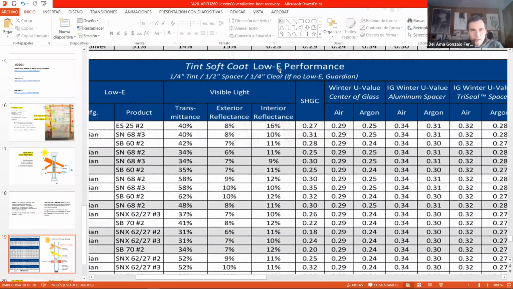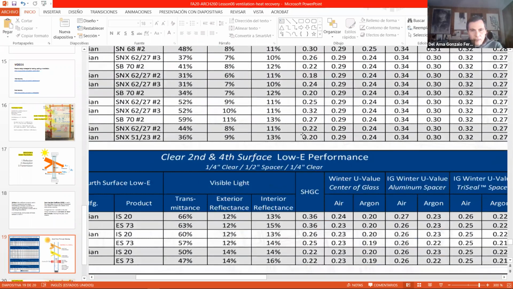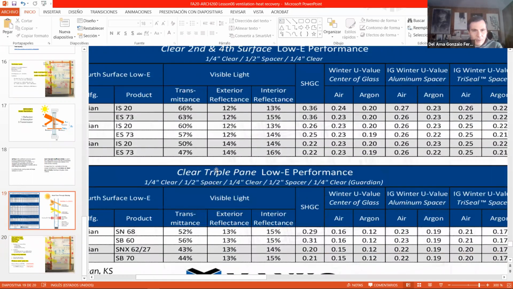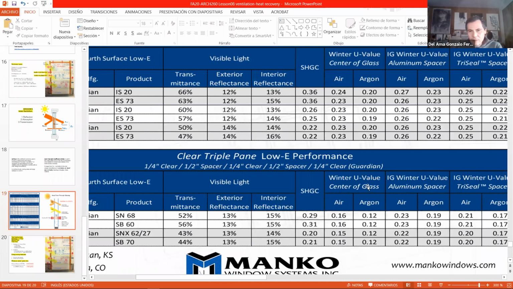This is low E, a low emissivity glass. I told you that using low emissivity is always something good. Here we have a triple glass, and with triple glass we reduce the U value.